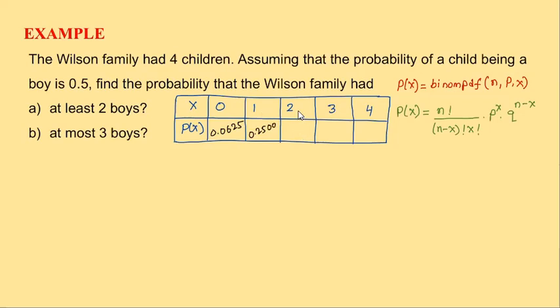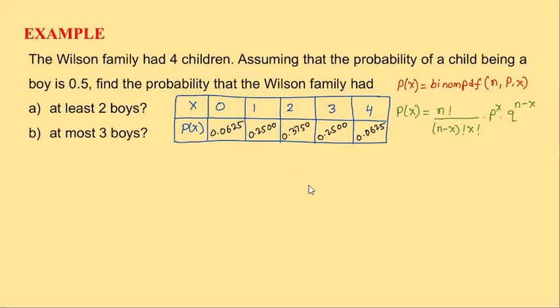The probability of having 2 boys in the family is 0.3750. The probability of 3 boys in the family is 0.2500. And the probability of getting all boys in the family is 0.0625.